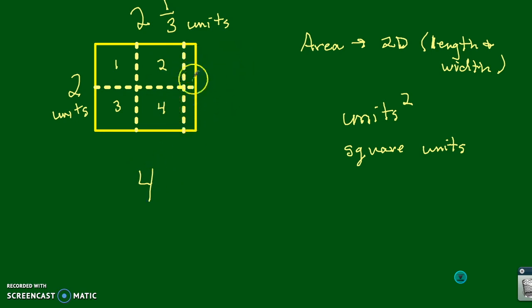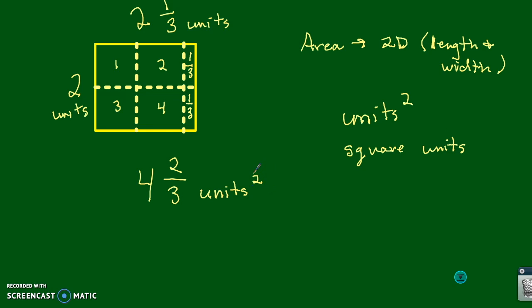And over here you can see we have partial squares, and each one of these partial squares is 1/3. So 1/3 and 2/3. So the area of this rectangle is 4 2/3 units squared.